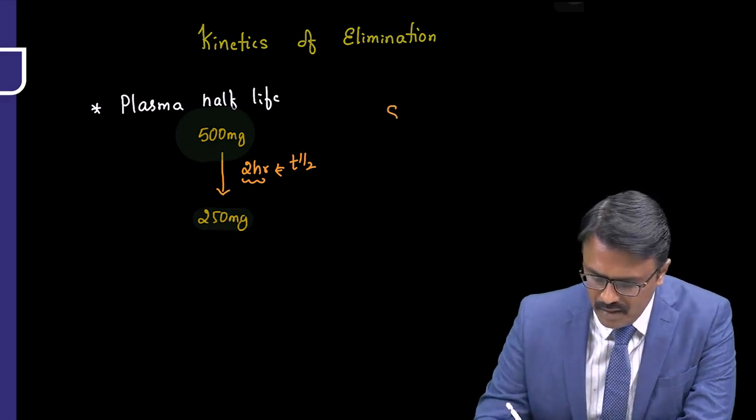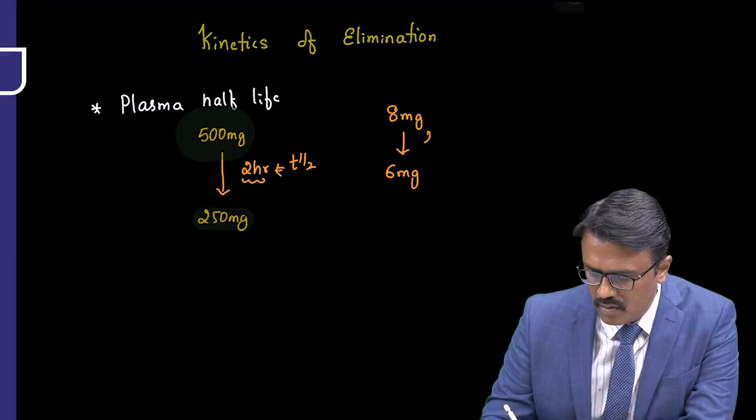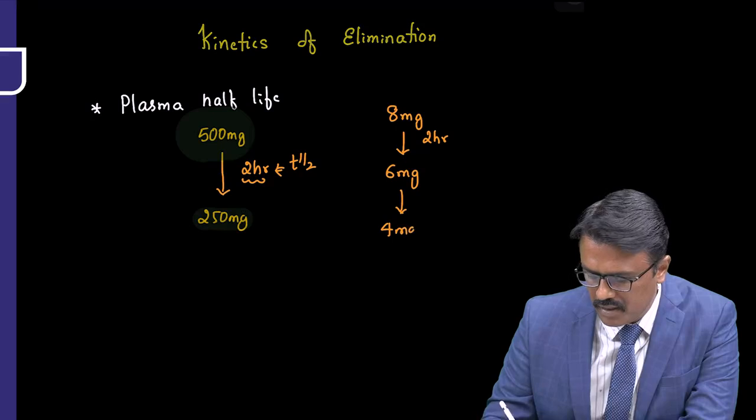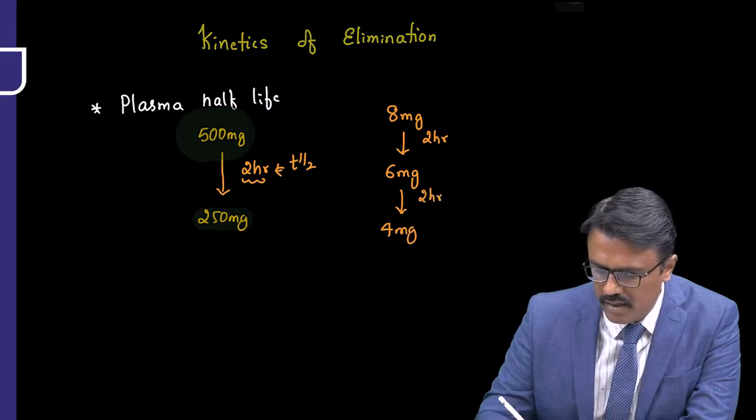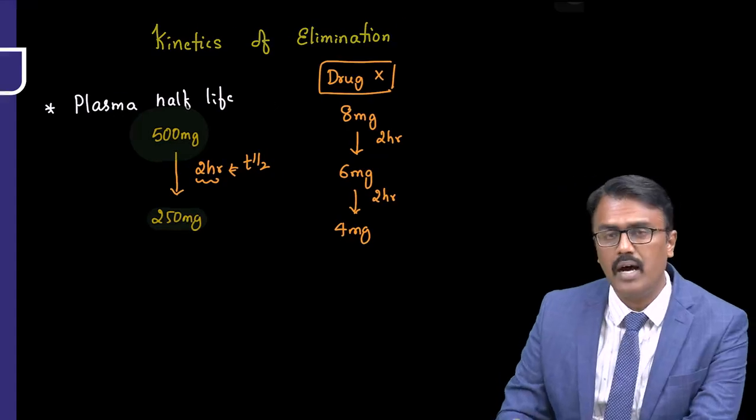Now, let me give an example. 8 milligram of the drug becomes 6 milligram in 2 hours, and 6 milligram becomes 4 milligram of the drug in 2 hours. This is drug X. Can you tell me what is the half-life of the drug now?